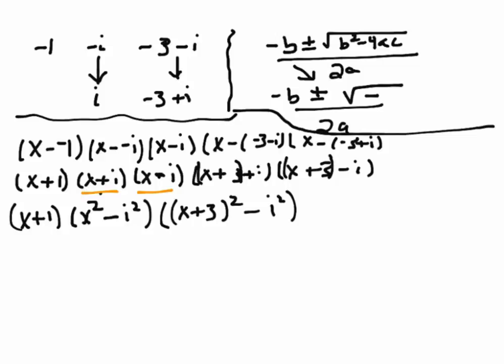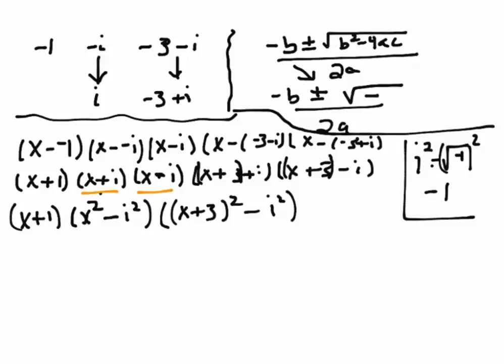All right, so let's see what we get from that. Just remember what i squared will be: the square root of -1 squared. So your i squared is just going to be a -1.